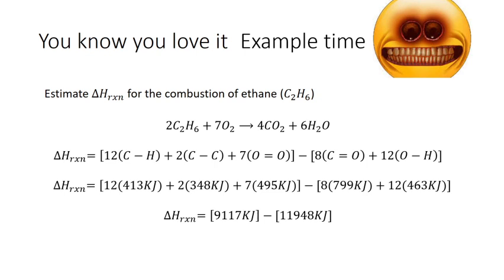So there are our bond enthalpies broken and formed. And then we just do that final math. We get our delta H, or our enthalpy of reaction, and we see that we have released, because it's negative, 2,831 kilojoules, which means, again, this is an exothermic reaction.